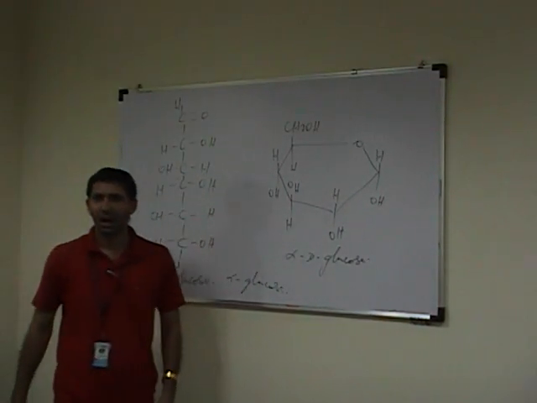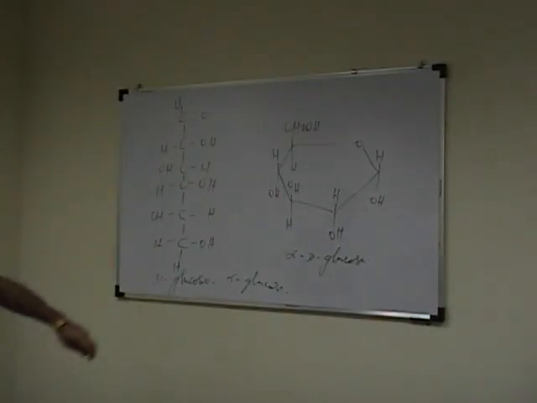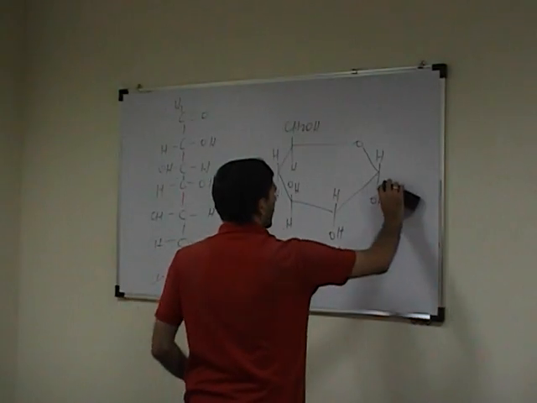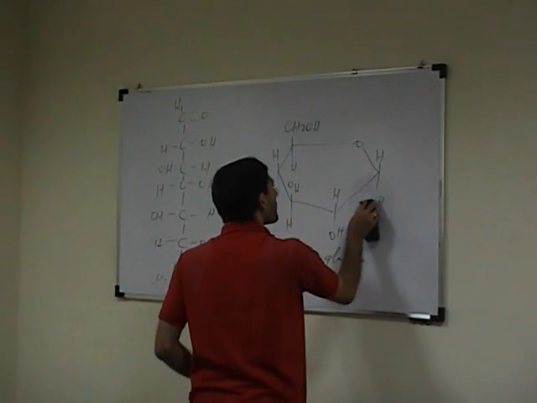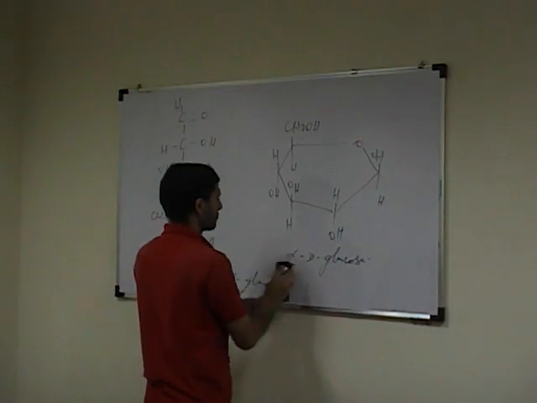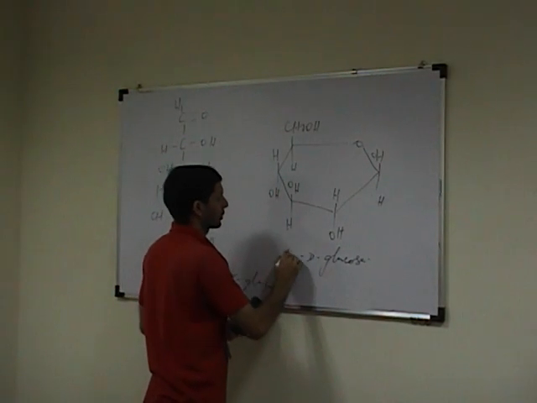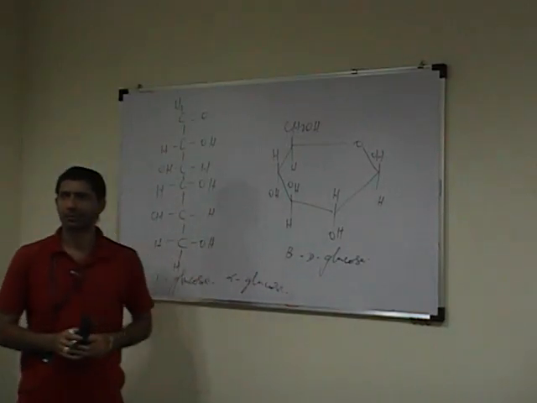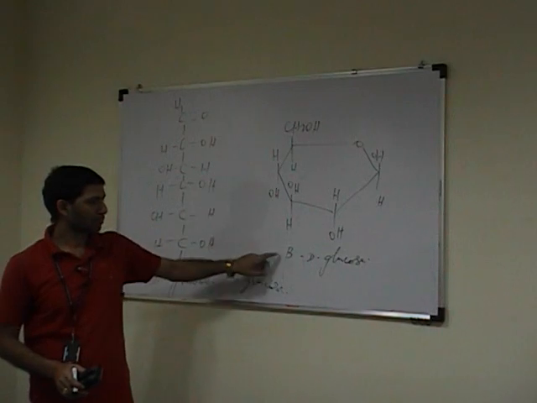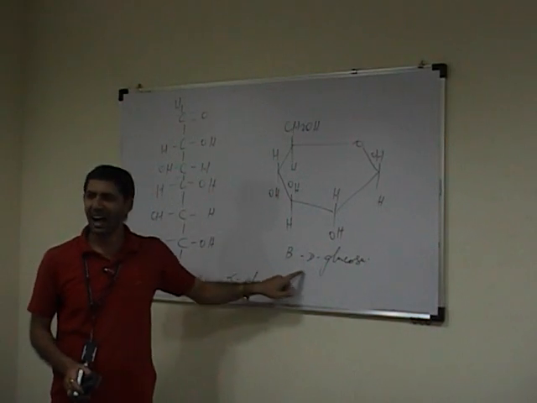This is alpha D glucose, isn't it? But if the position becomes opposite, then it becomes beta D glucose. If we change it here, then it is alpha L glucose.